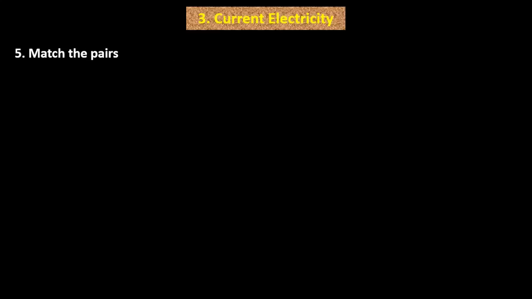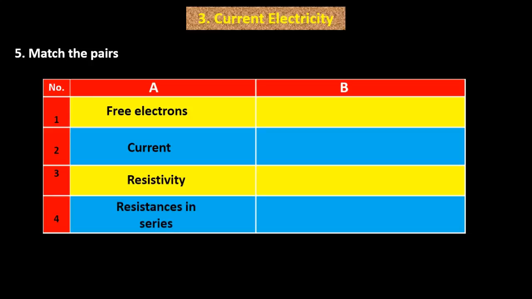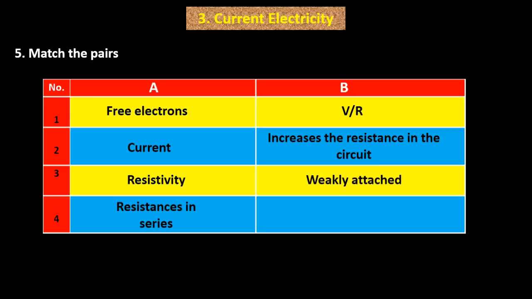Question number 5. Match the pairs. A. 1. Free electrons. 2. Current. 3. Resistivity. 4. Resistances in series. B. V/R; increases the resistance in the circuit; weakly attached; RA/L.